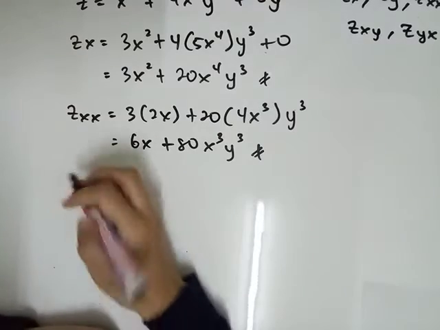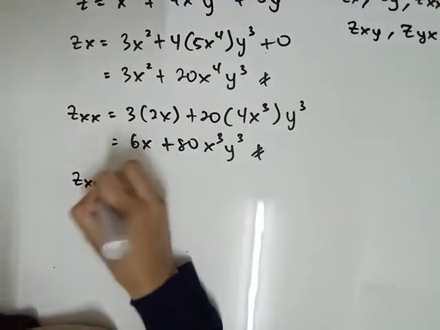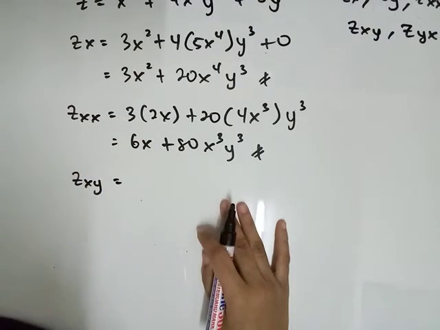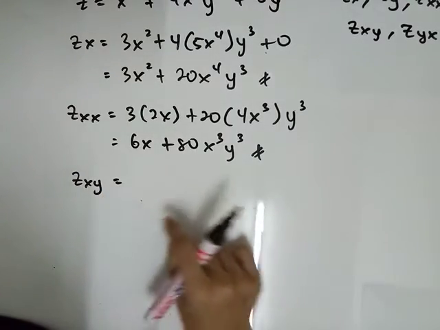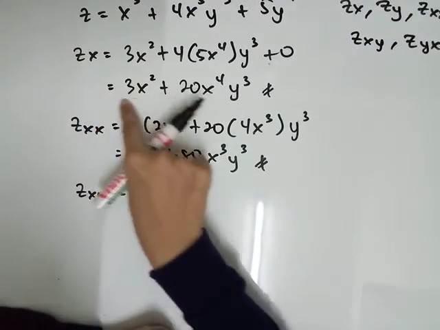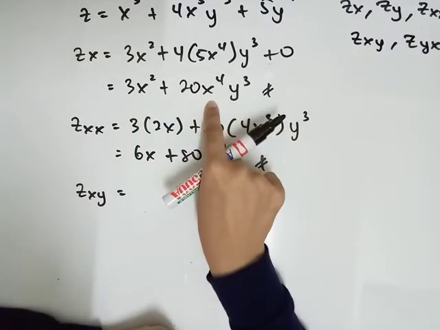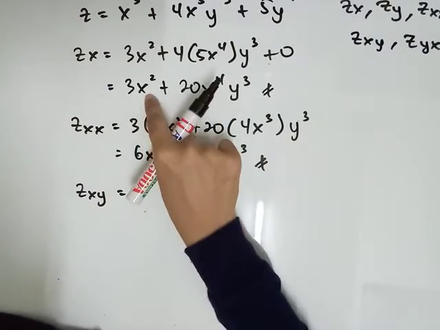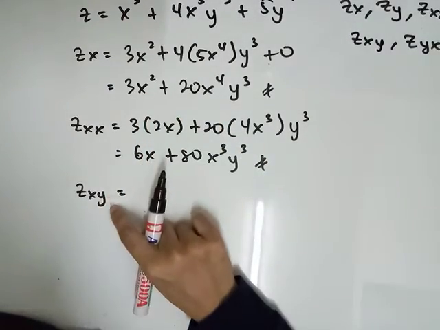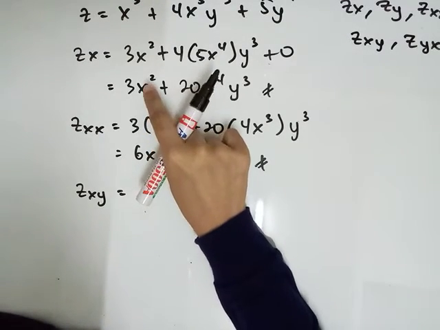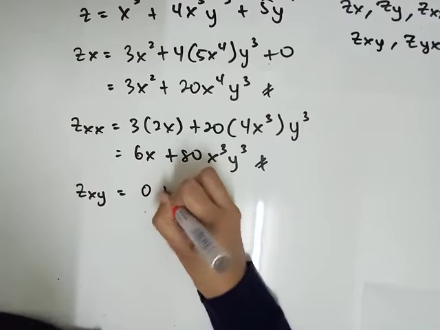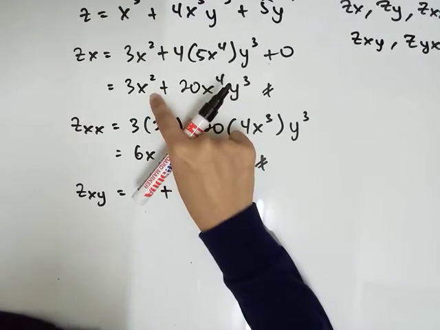What about zxy? Second derivative with respect to y, from the first derivative, zx here. 3x squared is a constant. Differentiate constant, we get 0 because it doesn't have a variable y.